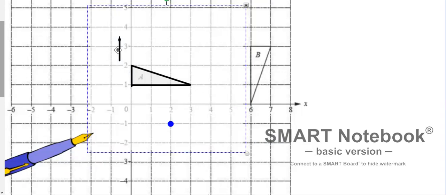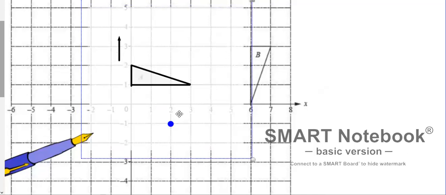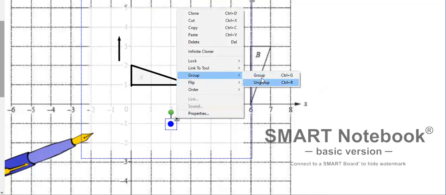We have guessed that the center is at 2, -1. There is your center. Now, let us try to see if that center will work.